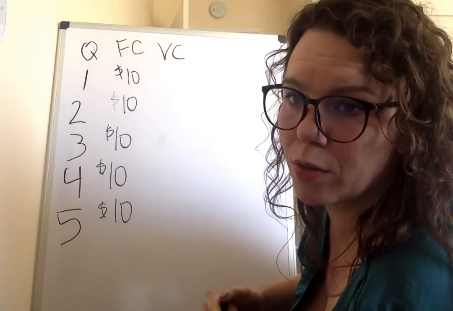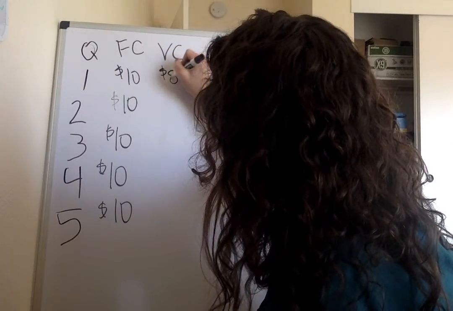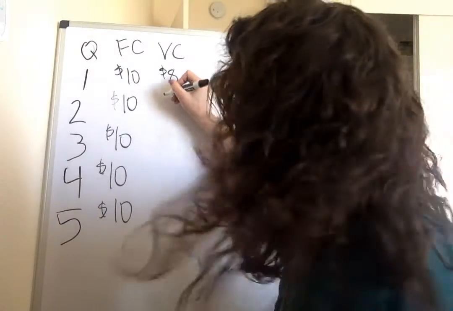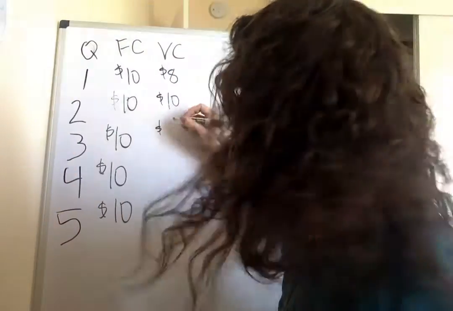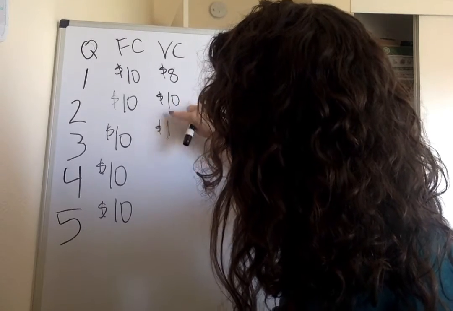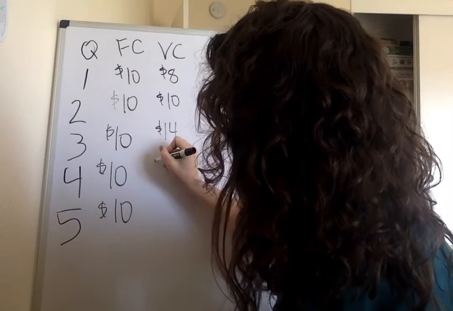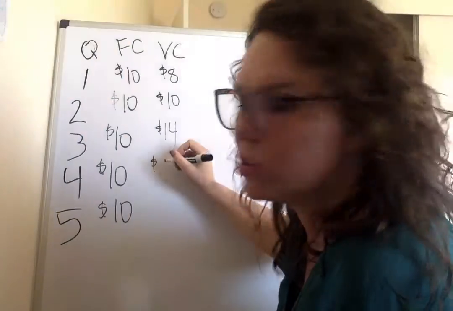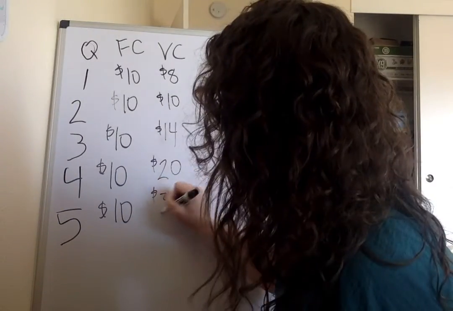So for our example, the variable costs of 1 unit is $8. For 2, it's $10. 3, it's 14. And I'm just reading these directly off the sheet I posted. For 4, it's 20. And for 5, it's 30.